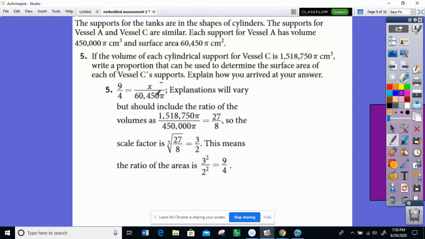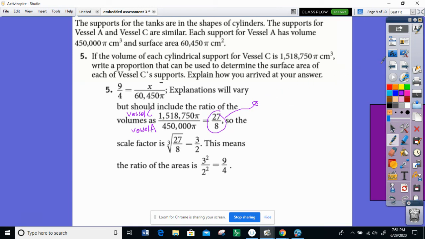So we've got a ratio for the volumes. This is a ratio of vessel C compared to vessel A. If you reduce this down, you get 27/8. Well, this is a ratio of the volumes.